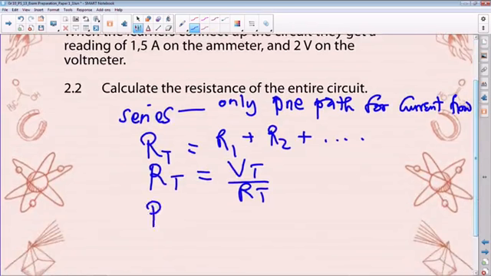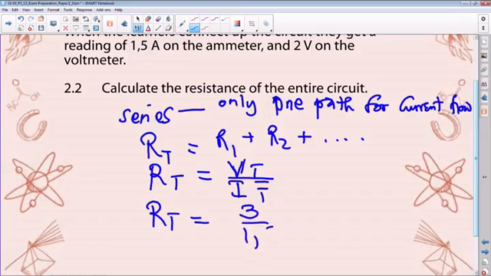So we're looking for R total. V total, we know, is 3 volts. This is supposed to be I, because we can't divide by R; this is I total, right? So it's 3 divided by 1,5, which is exactly 2 ohms. So the combined resistance of the two resistors is 2 ohms, right?